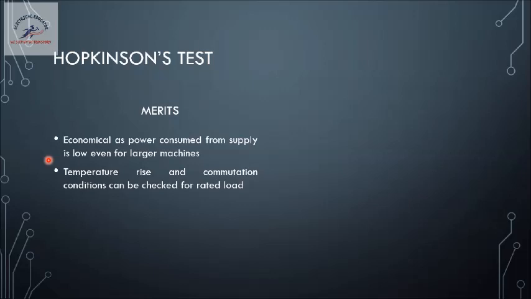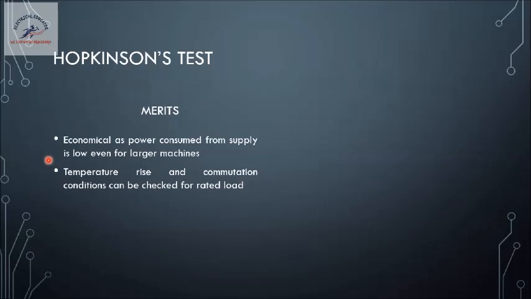From no load to full load we can vary the generator field rheostat. Once it is synchronized, if we vary the generator field, it gives us more power, and we can see that the motor absorbs more power and gives more mechanical power. Thus it is possible to find out the temperature rise for the actual loading condition, and also the commutation conditions.